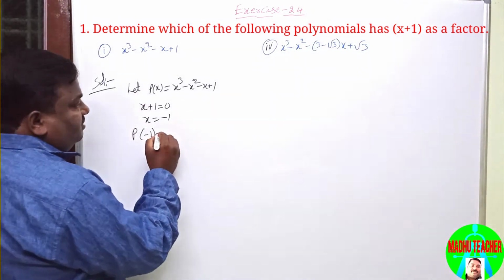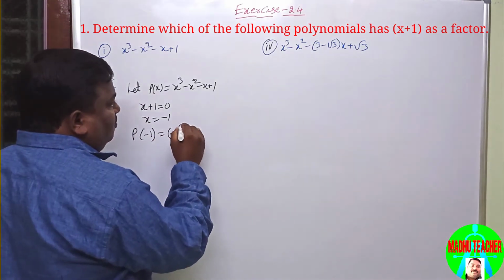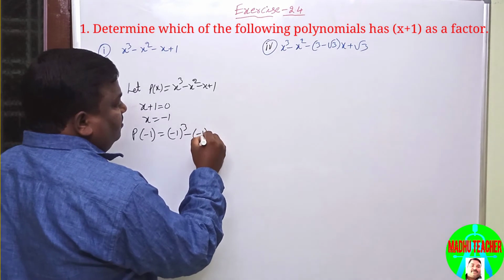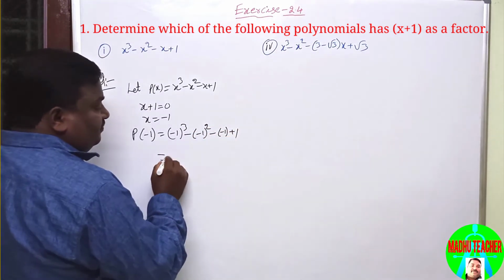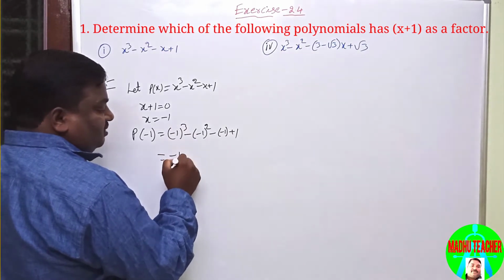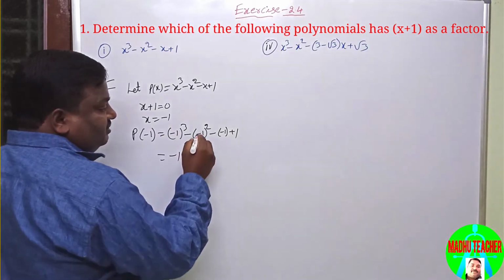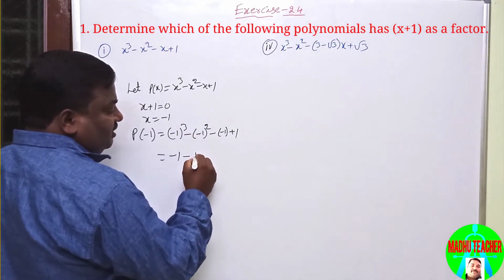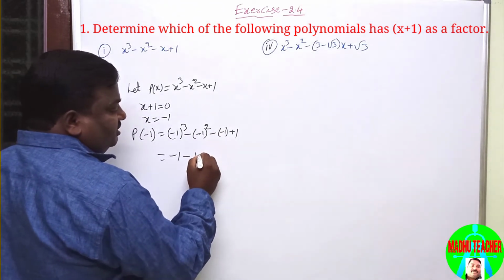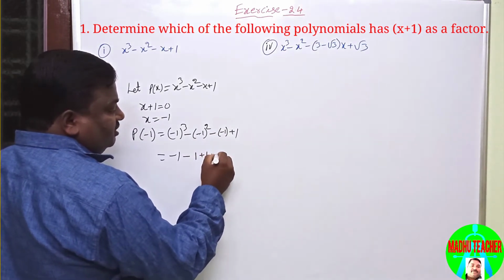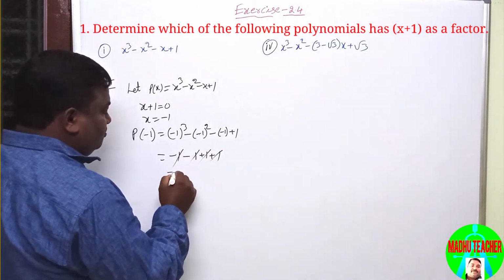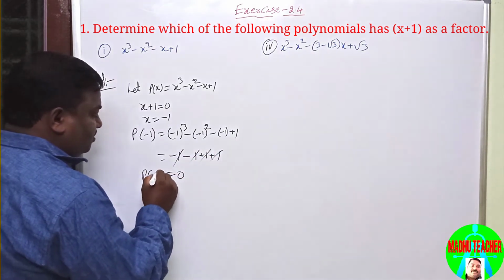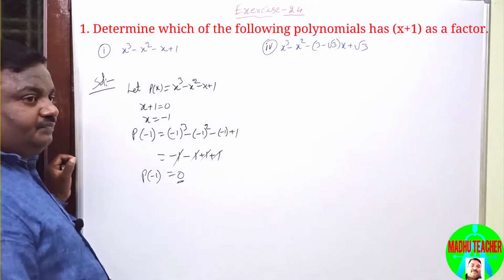So that is minus 1 whole cube minus 1 whole square minus of minus 1 plus 1. Minus 1 whole cube is minus 1, minus 1 whole square is 1, minus into minus plus 1, and plus 1. Minus 1 plus 1, minus 1 plus 1 get cancelled, equal to 0. That is p of minus 1 equal to 0.